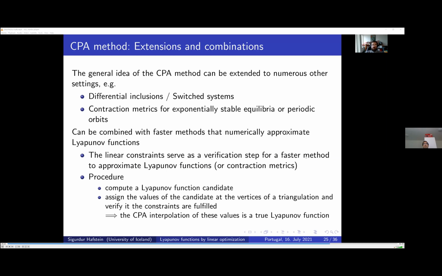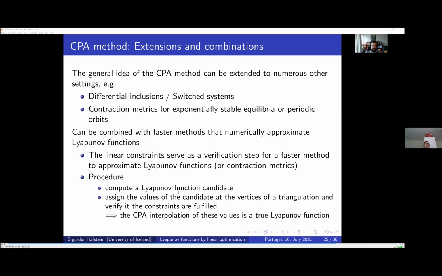So we use a faster method that does not give us as much guarantee of the computed object as the CPA method, but methods that compute an approximation to a Lyapunov function. This approximation will also be a Lyapunov function if you are using a grid that is dense enough or something else. But we never really know when this object we construct is truly a Lyapunov function, but then we just use the CPA method to verify the object we constructed with a faster method.